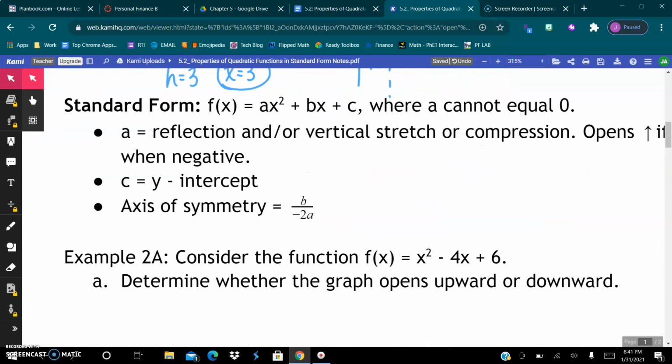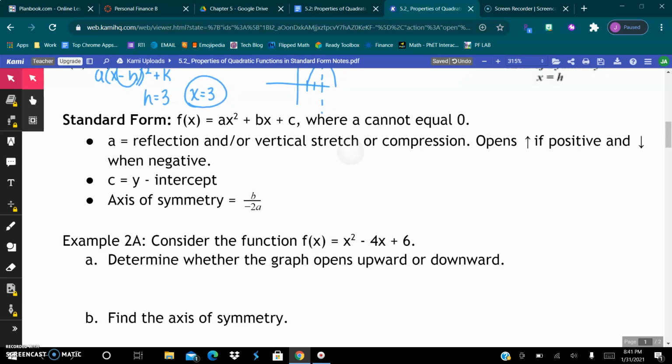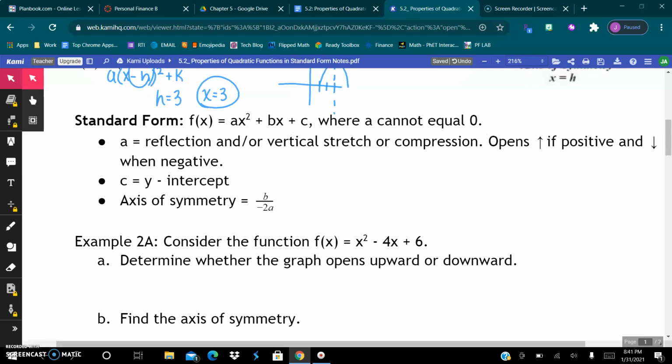All right, moving on to standard form. This is the way that we studied quadratics in Algebra 1. This is what you're used to, ax squared plus bx plus c, and c cannot be 0. Remember, a tells us if it's a reflection: positive would open up, negative would open down. It could also tell us about a vertical stretch or compression depending on its value.